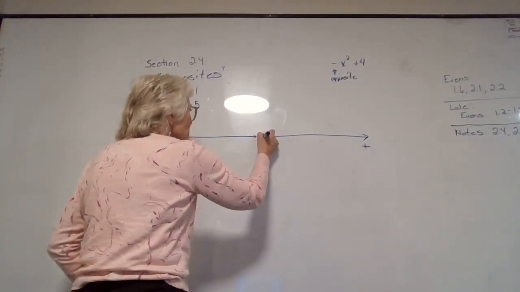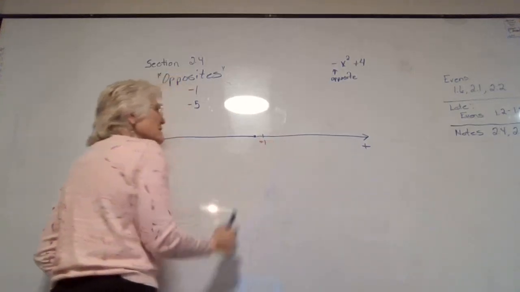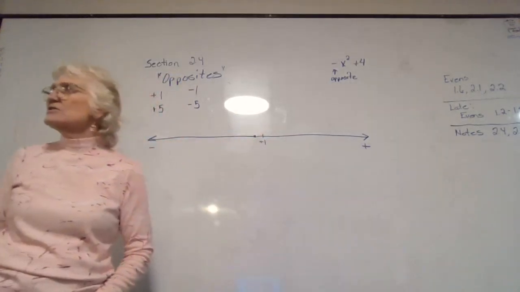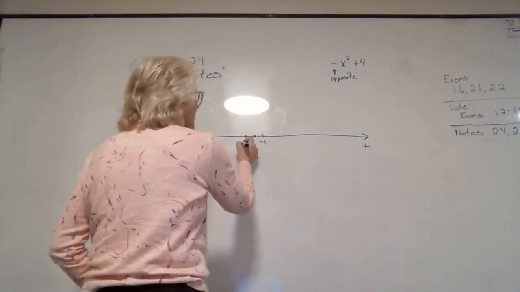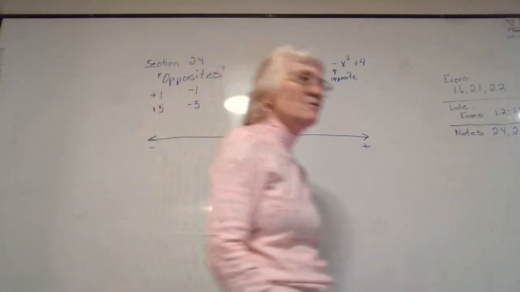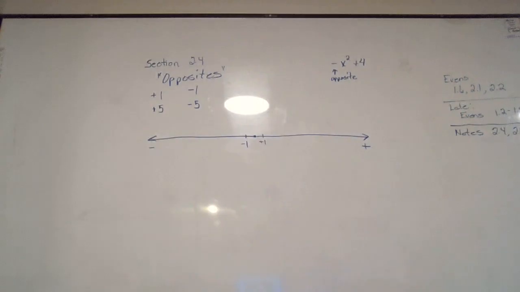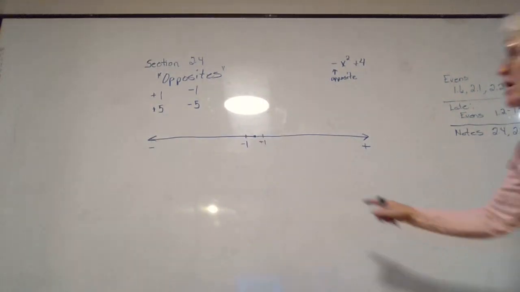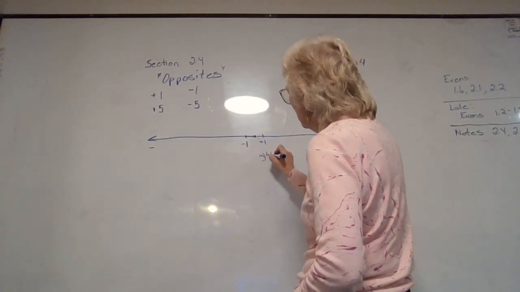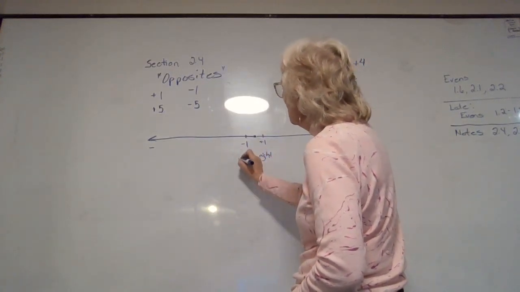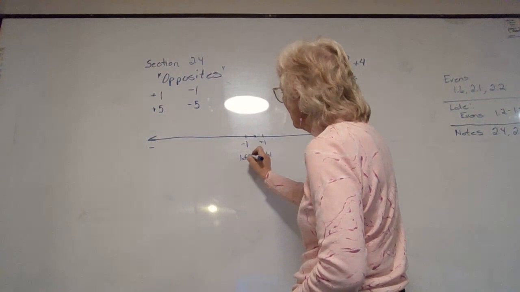If you look at positive 1, that's going in the positive direction. The opposite is going 1 in the left direction, and we call that negative 1. So it's a directional sign. The positive says to go to the right. The negative actually means to go to the left from 0.